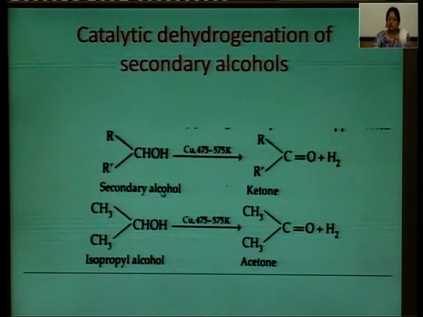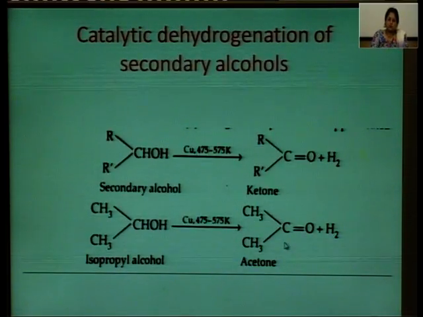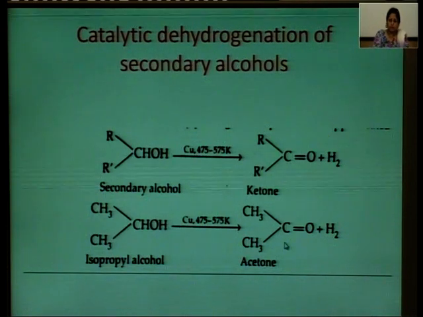So, secondary alcohols upon dehydrogenation form the ketones. Moreover, the secondary alcohols upon oxidation also form the ketones. The example is isopropyl alcohol, which upon catalytic dehydrogenation forms the corresponding acetone plus hydrogen.